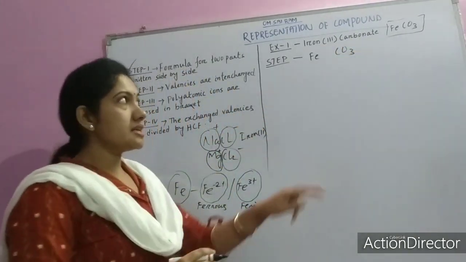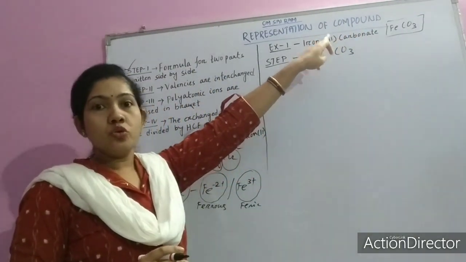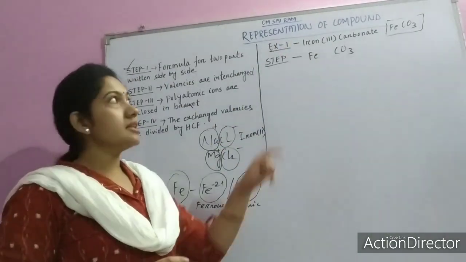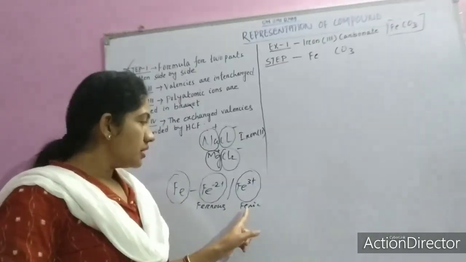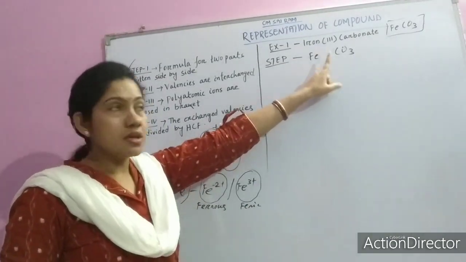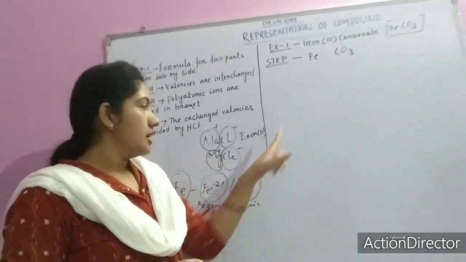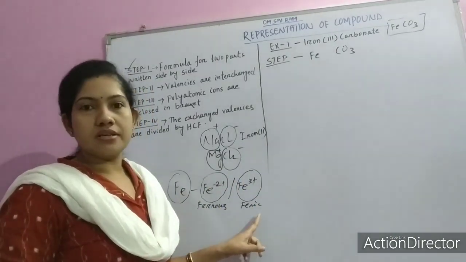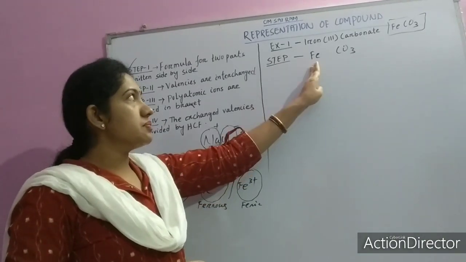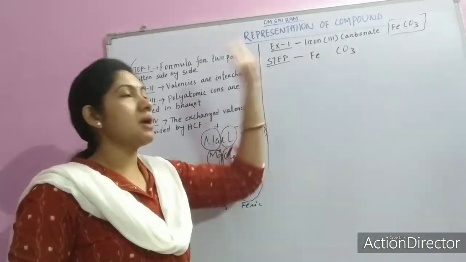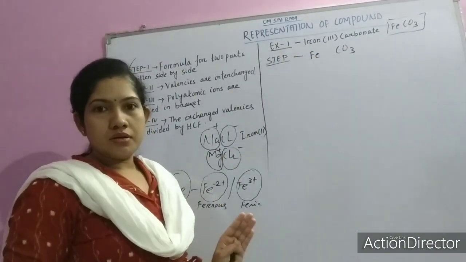We can separate the two parts of the formula, that is iron carbonate or ferric carbonate, because here in bracket I have written 3. Fe3+ means it is ferric. So the first step is over. Here we have separated the two parts of the formula.